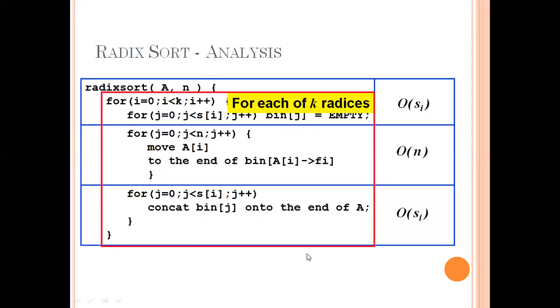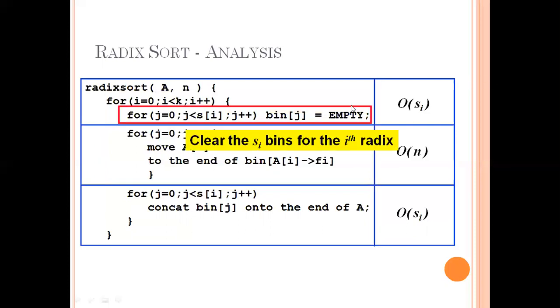So this is the very simple algorithm. Suppose for each of the k radixes, as I said, it may have 10, it may have 26 different values. So for each of the k radixes, we clear the S bins for the ith radix. So this is O(S_i).